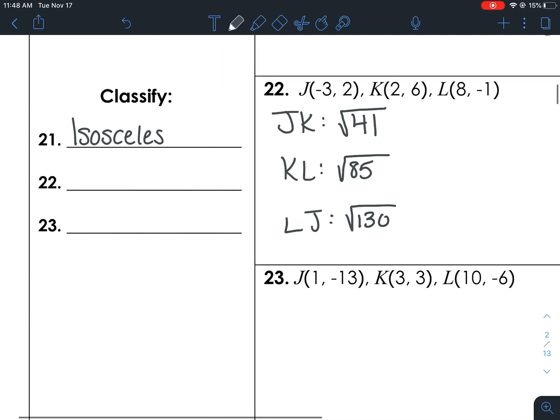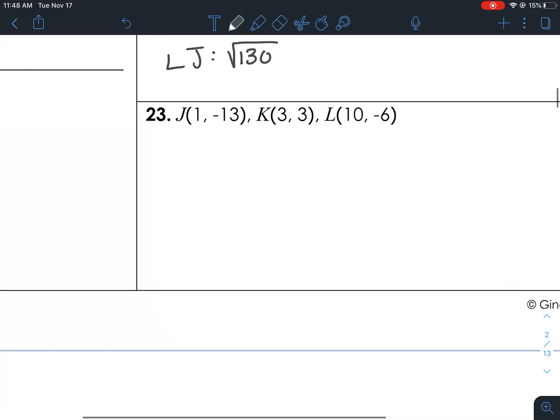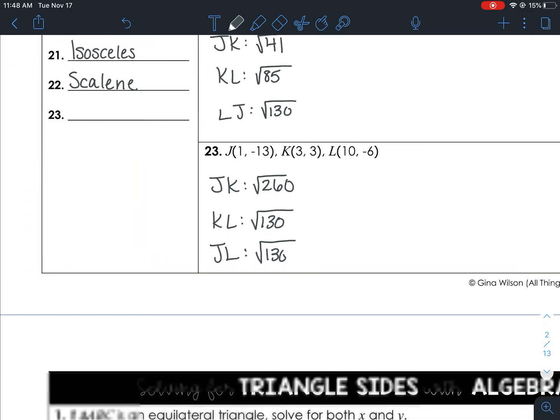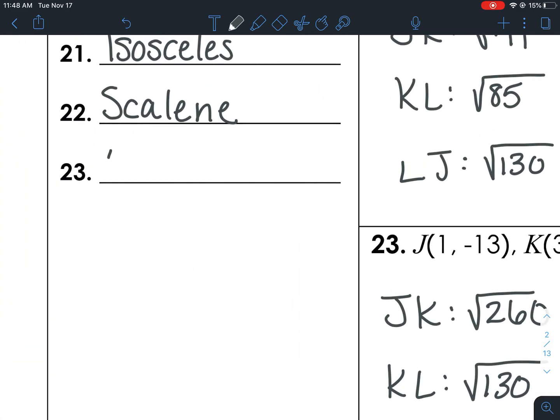None of these sides are the same, so this one is a scalene. 23 here, JK, you're going to get the square root of 260. KL, you're going to get the square root of 130. And JL, you're going to get the square root of 130. JL and KL are the same, which makes this triangle an isosceles.